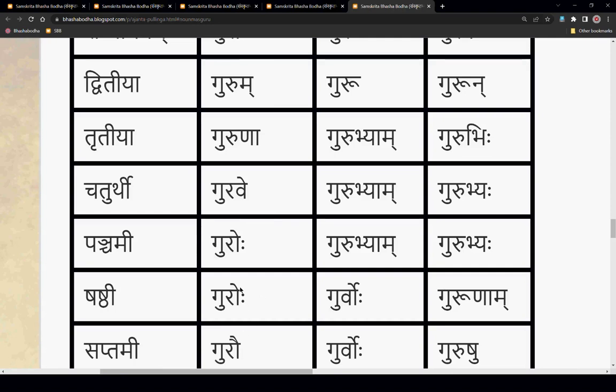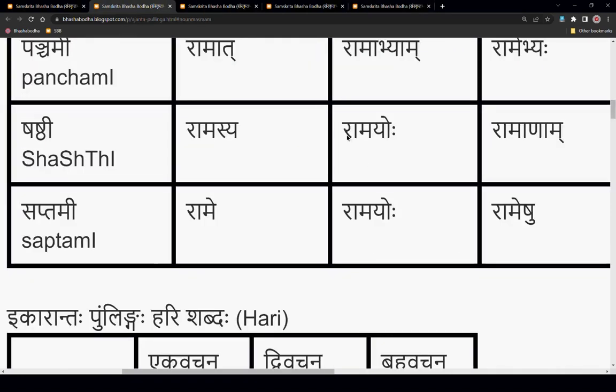Aham Guroho Shashti. Note that Panchami and Shashti are the same, but based on the context only we will understand whether it is Panchami or Shashti. So, Aham Guroho and Padayoho. Here, Padayoho is also Dvivachanam, Shashti Saptami same.